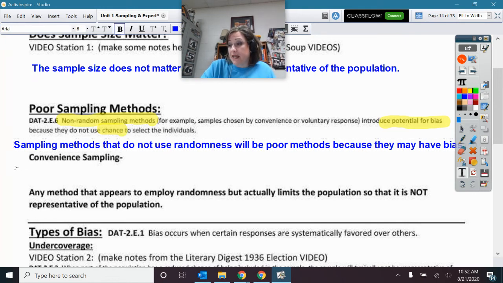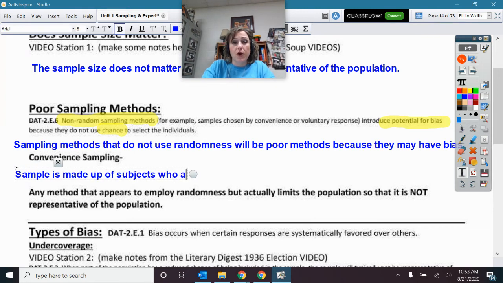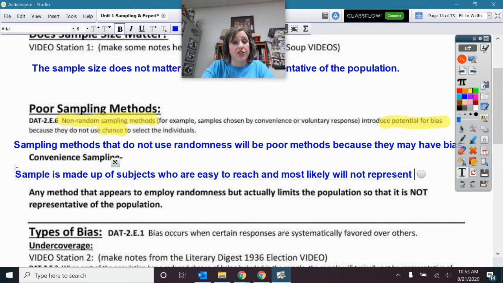A convenience sample is made up of subjects who are easy to reach, and because of that, they most likely will not represent the entire population.